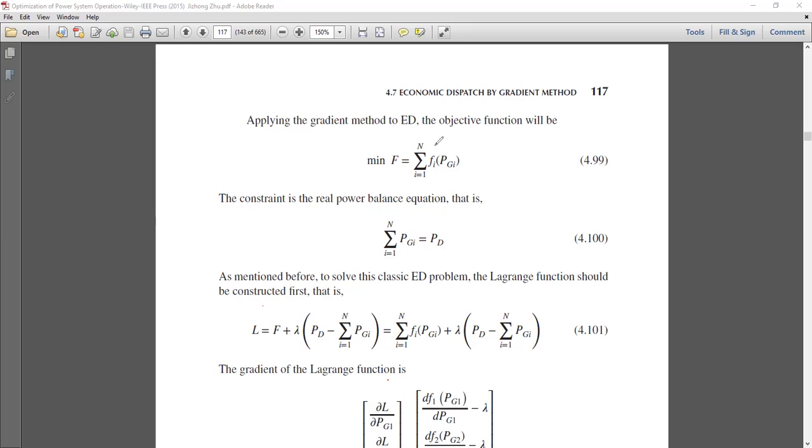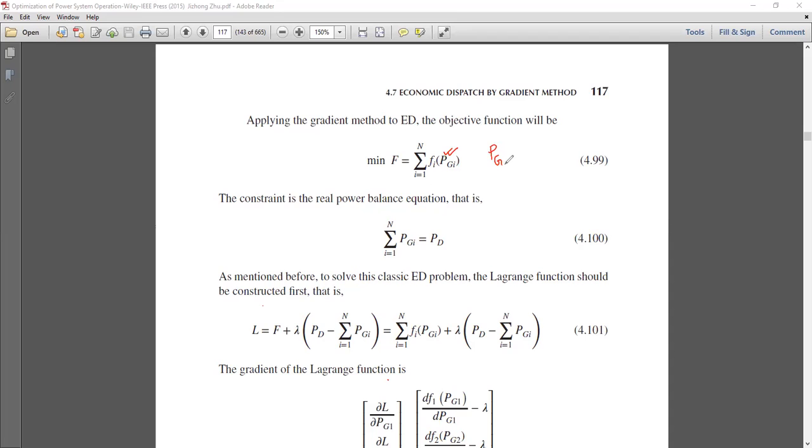It is not exactly n. Why? It is partially correct, not completely correct. Is there any more unknowns here other than n number of PGi's?